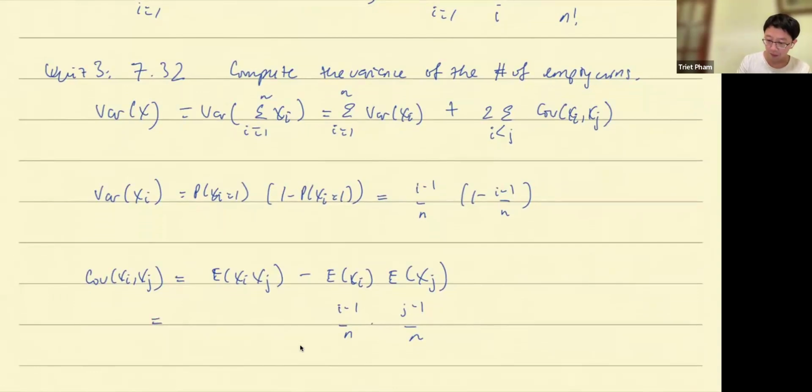So remember, the product of two indicator functions will only be 1 if both of them are 1. So this is probably xi equals 1, xj equals 1, meaning the probability that urn i is empty and urn j is empty. How will we do that?